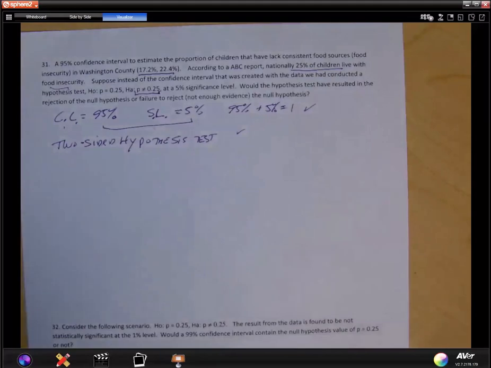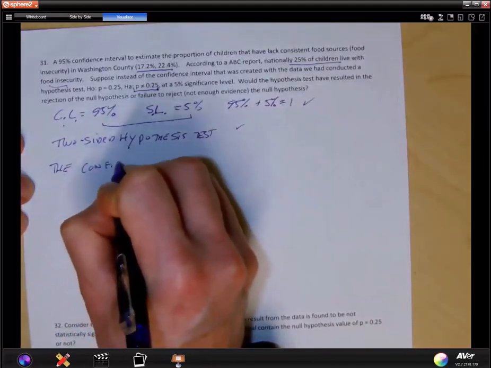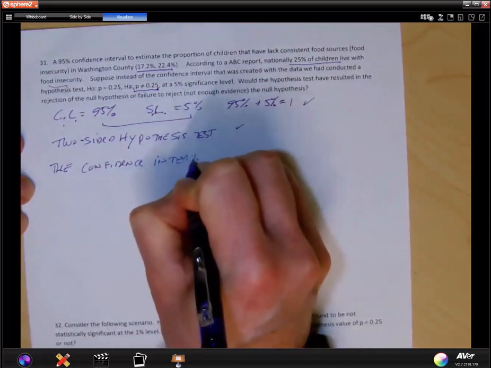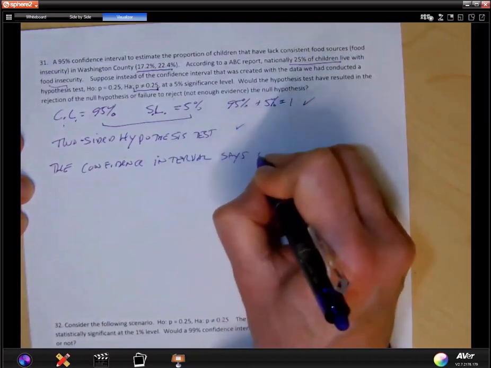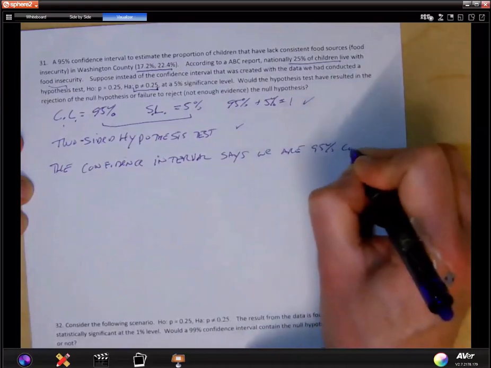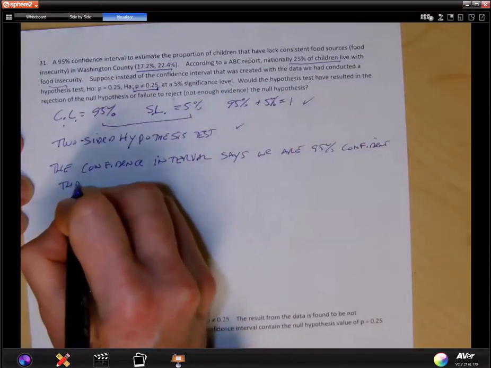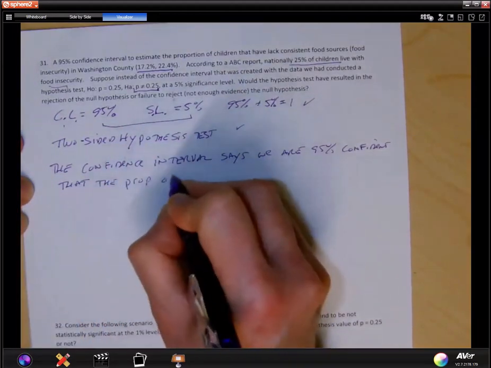And as we compare, we note that the confidence interval says we are 95% confident about the proportion of children.